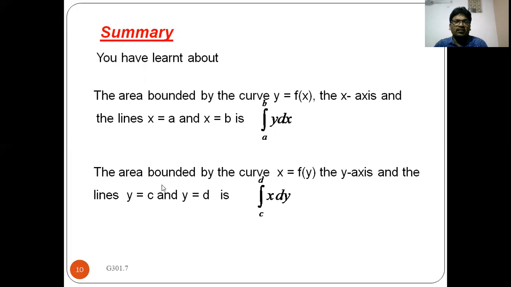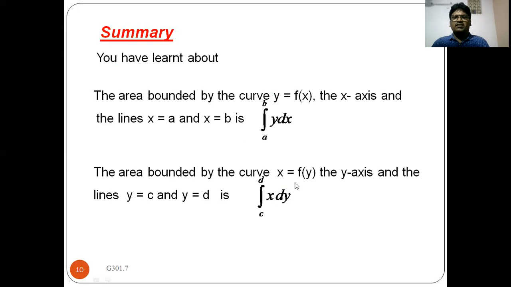Another one is the area bounded by the curve x equal to f of y, the y-axis and the lines y is equal to c and y is equal to d, which is the integral over c to d of x dy.